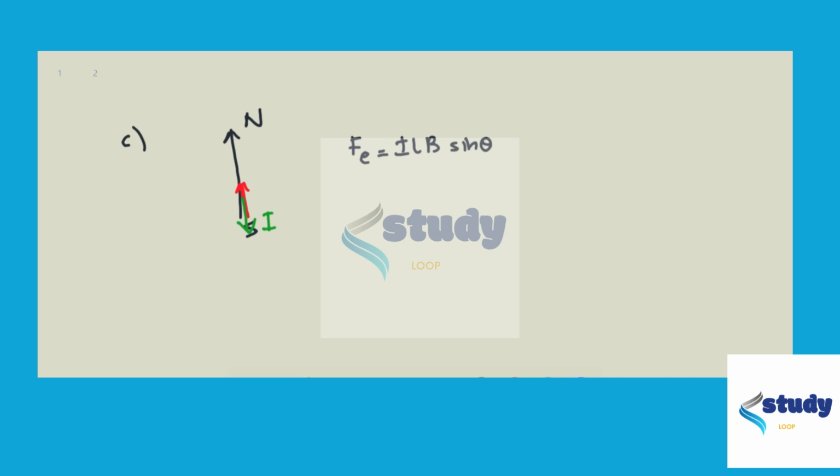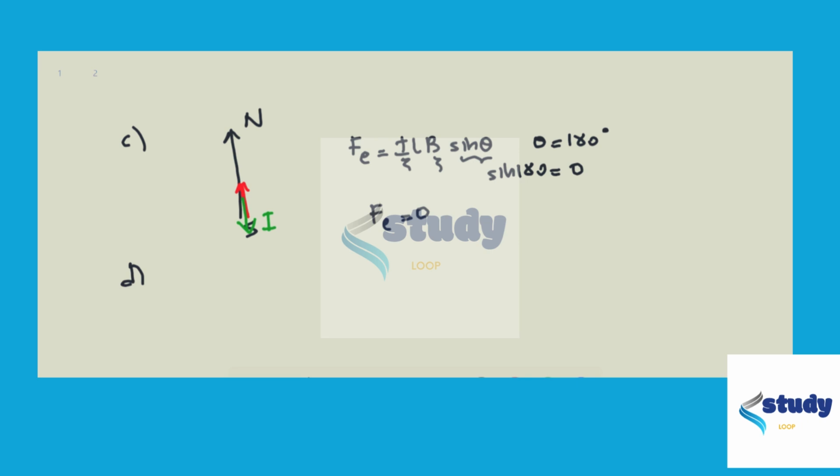When we look at the angle between I and B in this case, theta is actually 180 degrees, and sine 180 degrees is 0, which means the magnetic force exerted by Earth in this case is 0. So therefore, there is no direction to determine either.